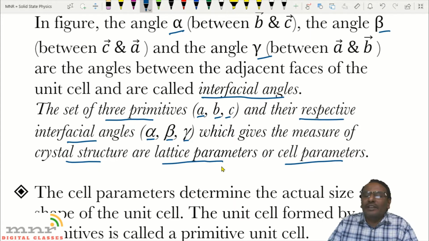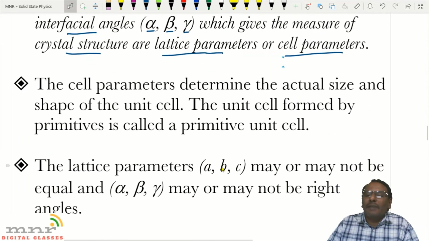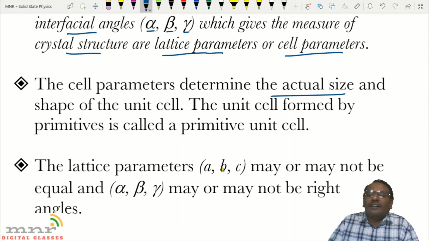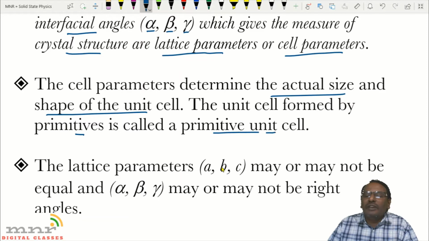Just by knowing these values, we can decide what type of structure the given crystal possesses. The cell parameters determine the actual size and shape of the unit cell. The unit cell formed by the primitives is called a primitive unit cell.